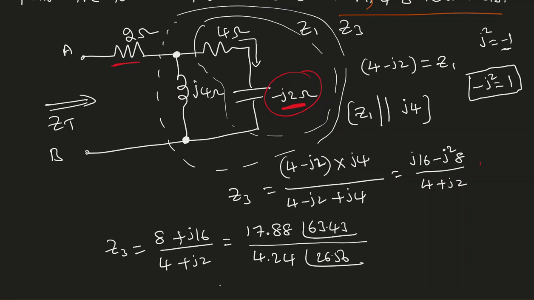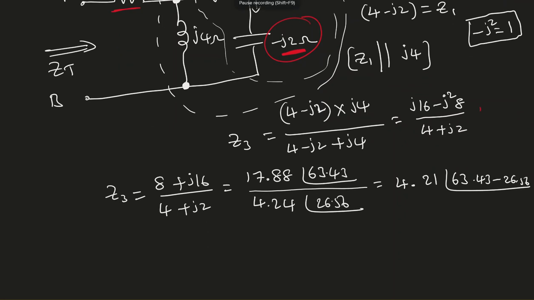Again, I converted from rectangular to polar, because when dividing two numbers, polar format is a lot easier than rectangular format. So 17.88 divided by 4.24 gives around 4.21, and the angles are subtracted: 63.43 minus 26.56.